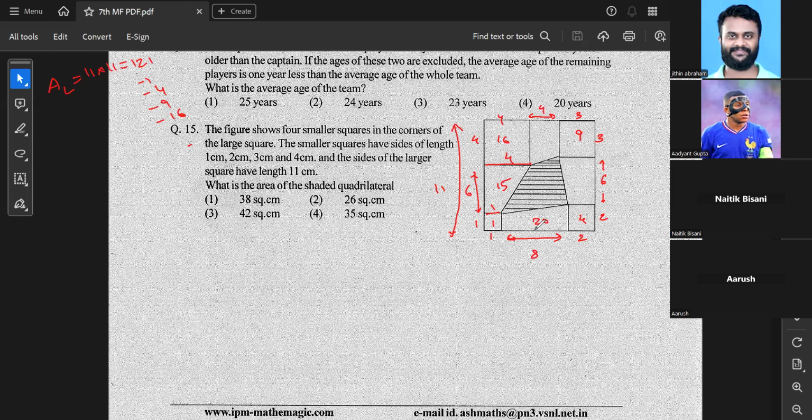This was 2, so this area will be 4 into 3. 4 threes are 12. And this one will be 3 and 2, so 3 into 5, 15. And this one will be 3 and 4, 2 into 7 is 14.